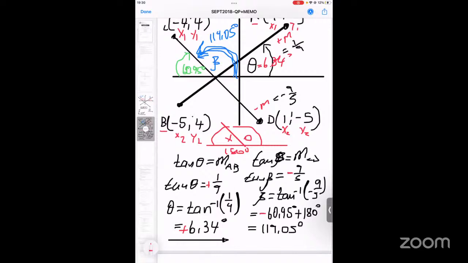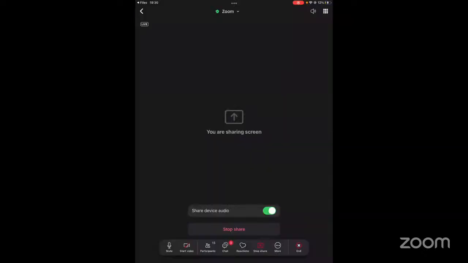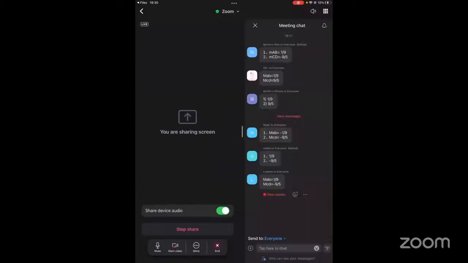So that is why we have to add 180 degrees, so that if we know what that angle is, we use 180 to know what that angle is. Guys, did I make sense there? Are we all okay with what I've done there?